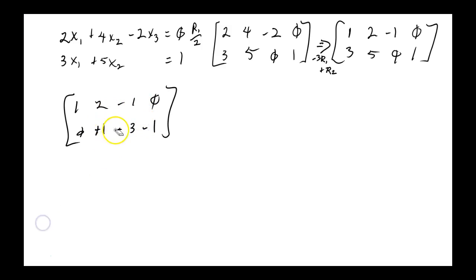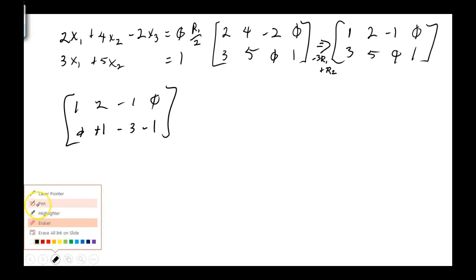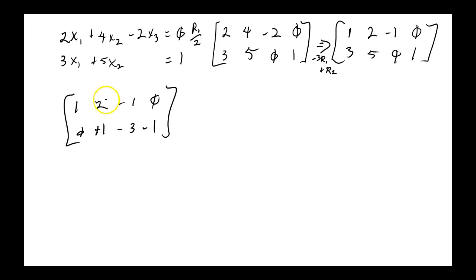So let me get my eraser here so I can make that a minus. Got it. What's the next thing we want to happen? Do you want to subtract one row from another one? Yeah. We want the thing above that leading 1 to be a 0. That 2 to be a 0. And you get that by minus 2 row 2 plus row 1.